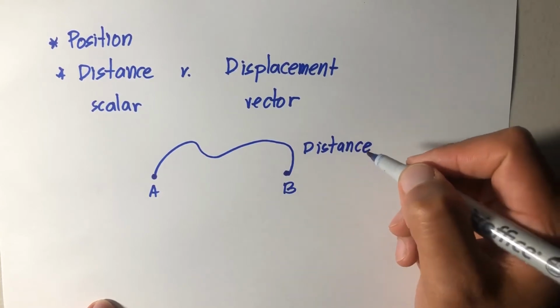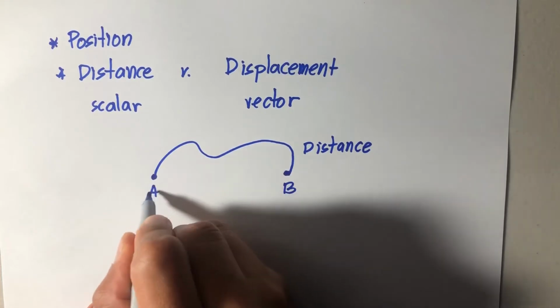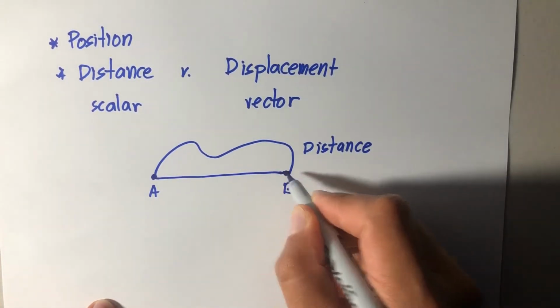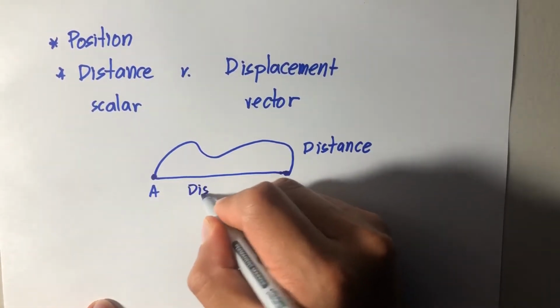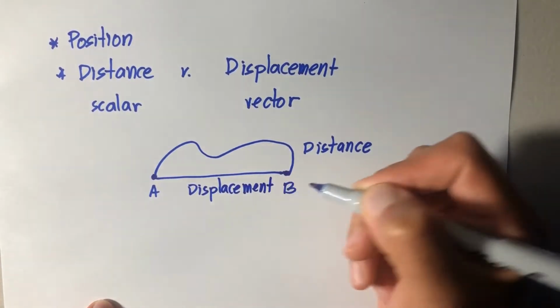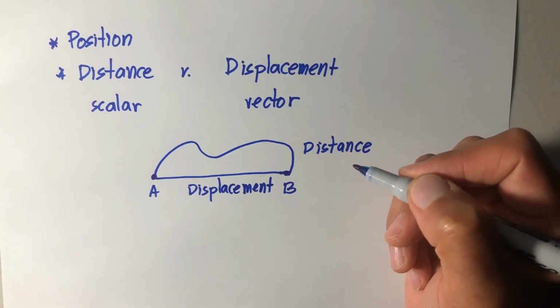On the other hand, displacement is the shortest length traveled from an initial point going to a final point. So the shortest length between A and B is called the displacement. This is an indication that the object has moved or has been displaced.